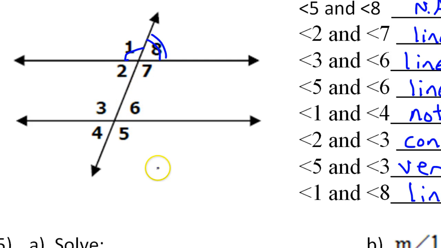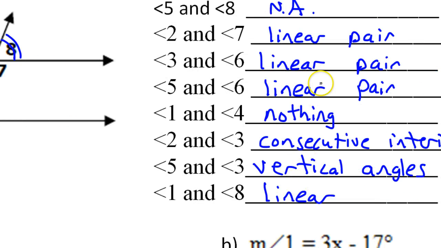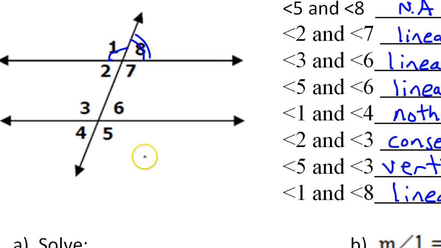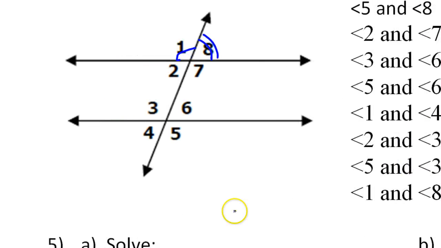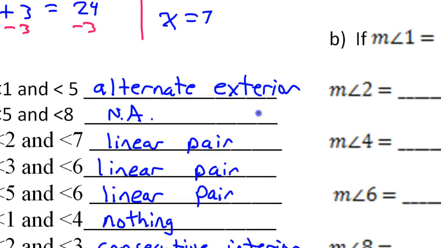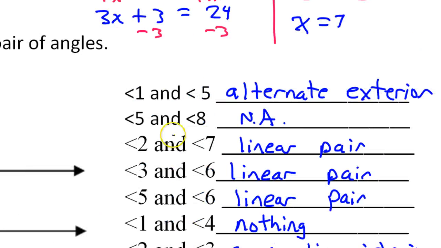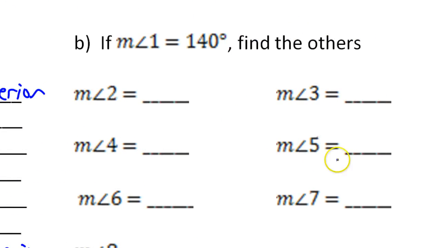Why not 3 and 7? We had 2 of them that were nothing, 4 that are linear pair, but none that were alternate interior. What the heck? That was the most random pairing. Anyway, I'm going to let it go. I'm going to put this as nothing. That annoyed me.